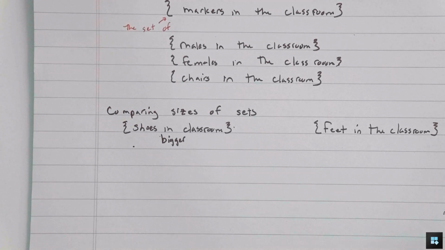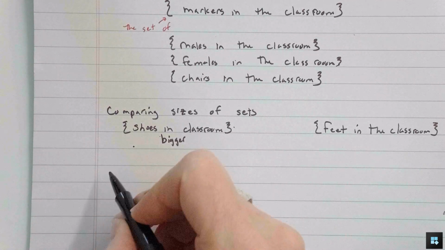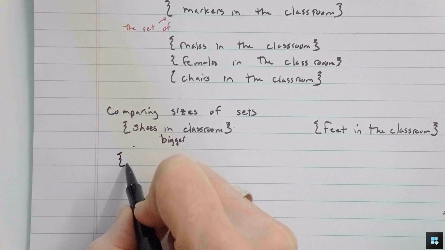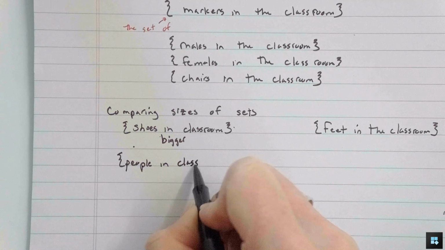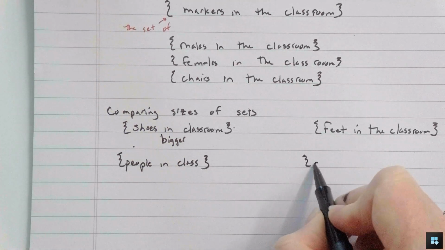I'm pretty observant, but that I might have noticed. That's true, yeah. Okay, so you could qualify that a bit. How about if we look at the number of people in the classroom and the number of cell phones in the classroom?